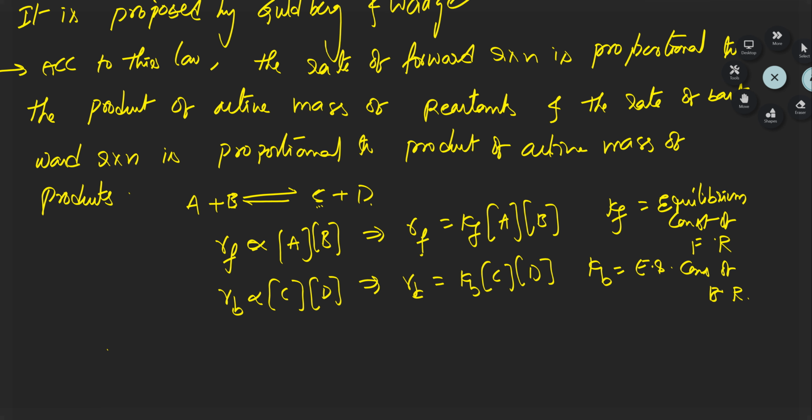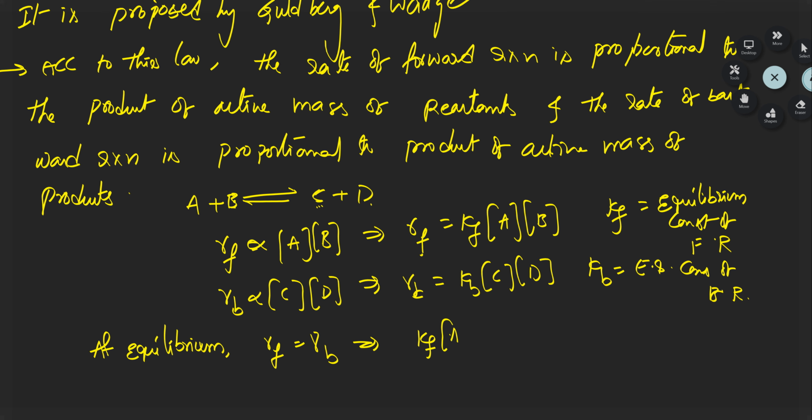So what can we take at equilibrium? At equilibrium, RF is equal to RB. The rate of forward reaction is equal to the rate of backward reaction.